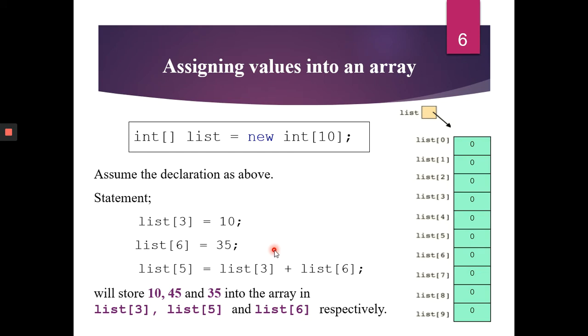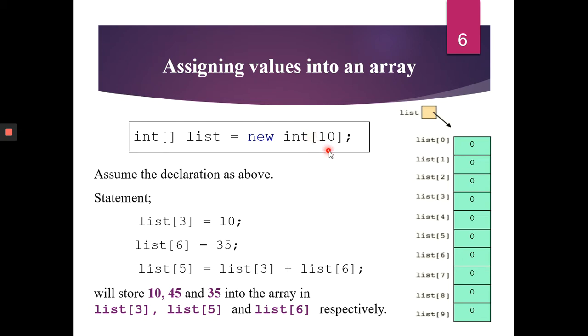Okay, we have seen how to declare an array, but the array is still empty with the default values. So now we want to know how to assign values inside the array, because you will always have to keep some values in the array. Here we have another declaration: integer list equals to new integer 10. What's the meaning of this syntax? We declare an array. The array name is list, and the data type that will be kept in this array is integer.